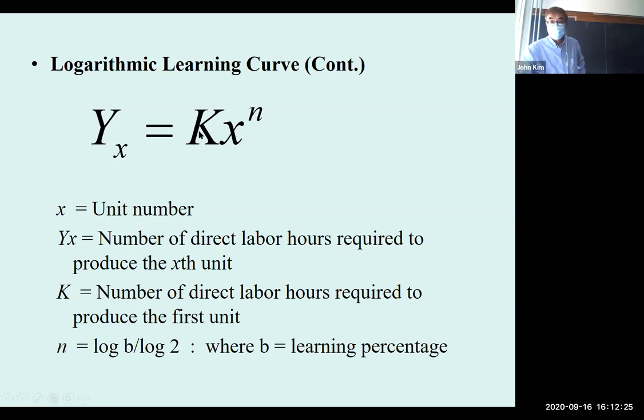So K times the initial cost or time times the unit number, if we want the fifth, that is 5, to the power n. And n is log B divided by log 2. B is here the learning percentage: 0.9, 0.8, 0.7, and so on.